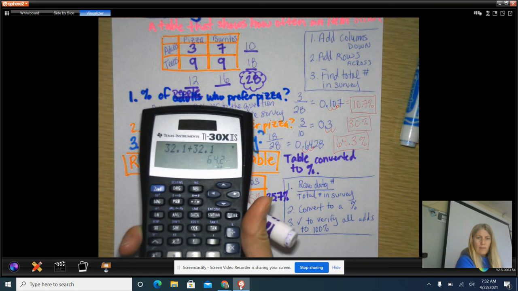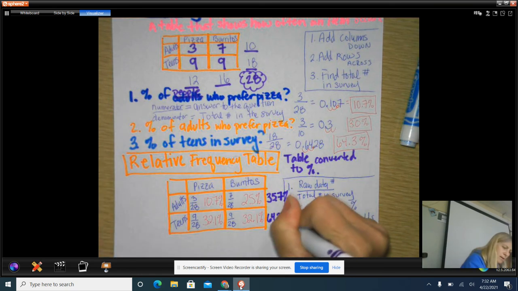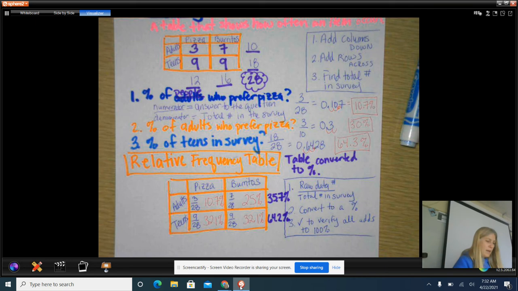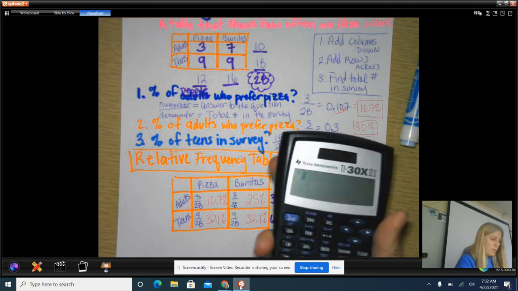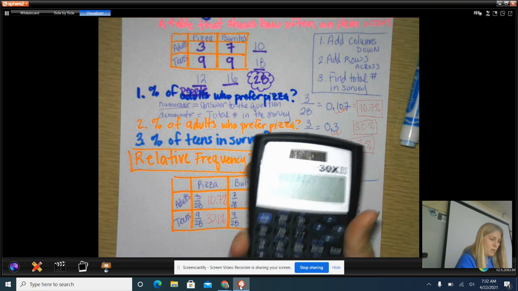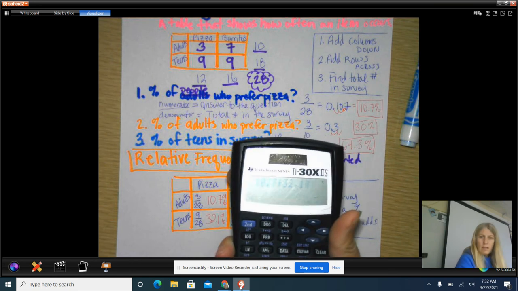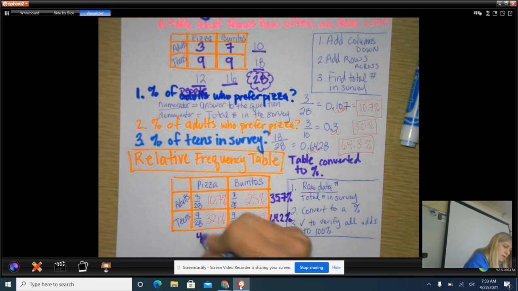There we go. And that gives us 64.2%. And then going down, when we have the percent of people who prefer pizza, 10.7 plus 32.1 gives us 42.8%.